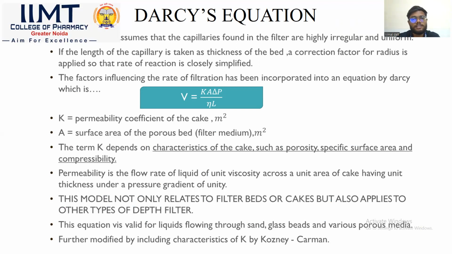The factors influencing the rate of filtration have been incorporated into an equation by Darcy, which is V is equal to K A delta P upon mu L. K is the permeability coefficient of the cake, and A is the surface area of the porous bed, that is the filter medium. And the term K depends on characteristics of the cake such as porosity, specific surface area, and compressibility.